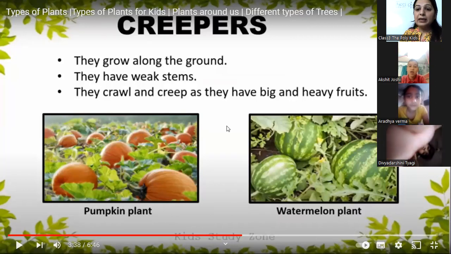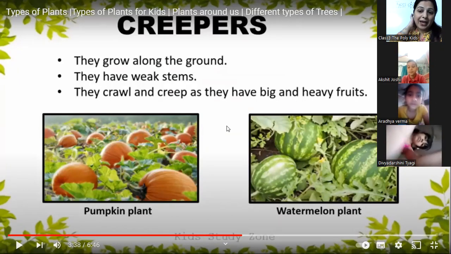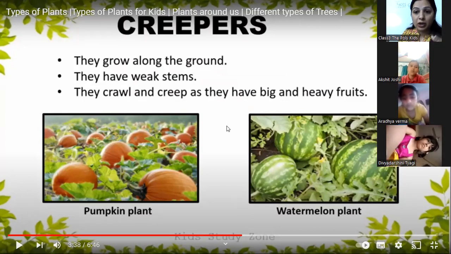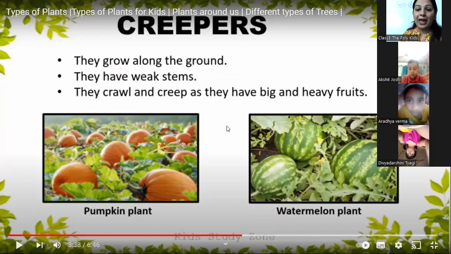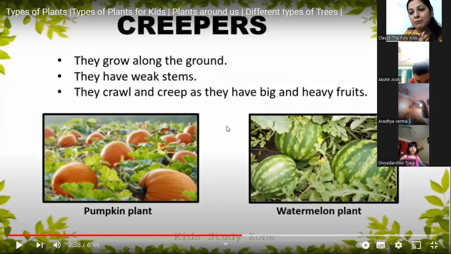They will fall down on the ground. Yes, so that is why they grow wherever they find a plain surface. They crawl on the ground, and these fruits are very big also. So we call them creepers.